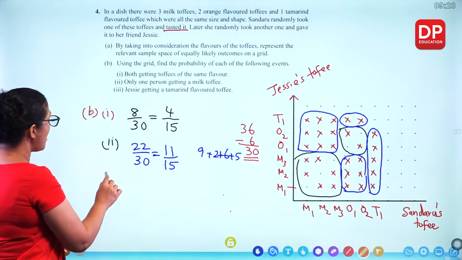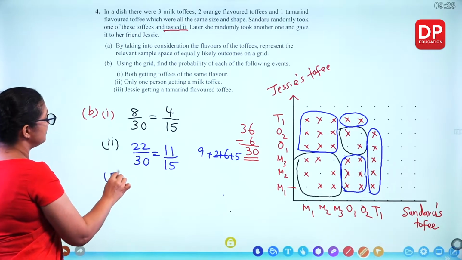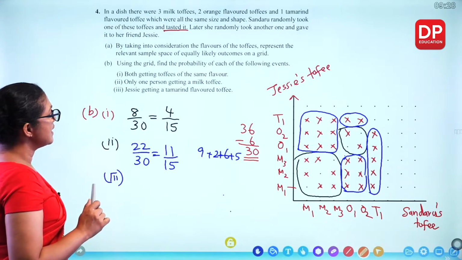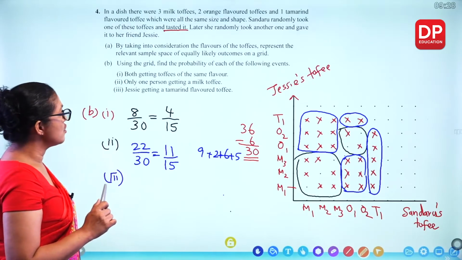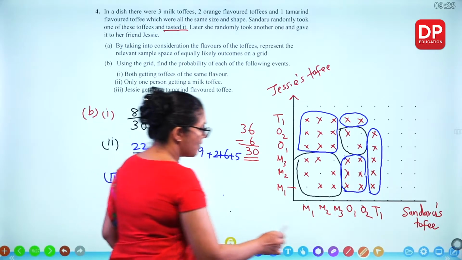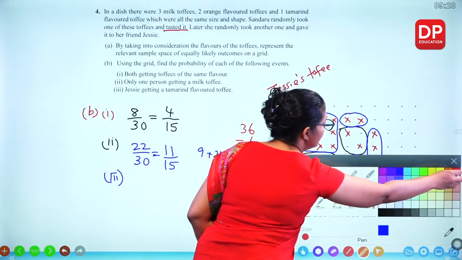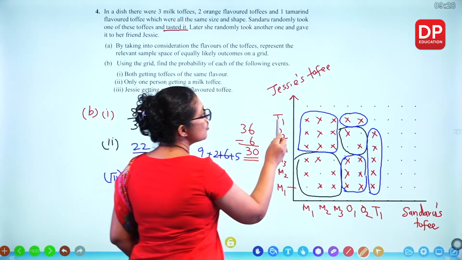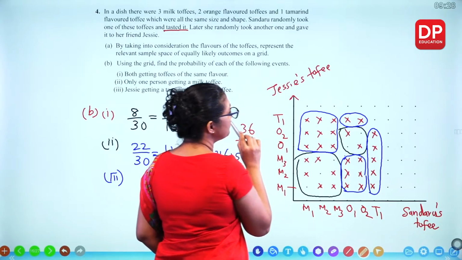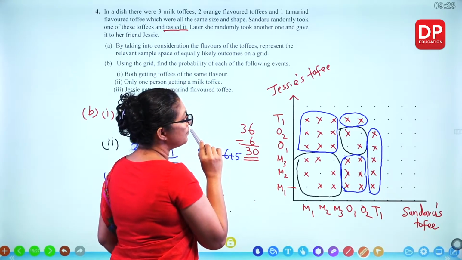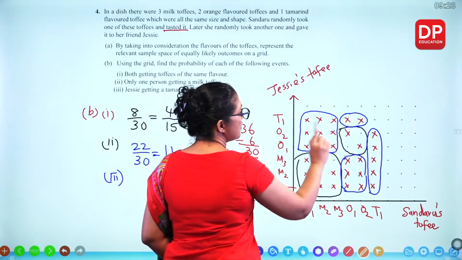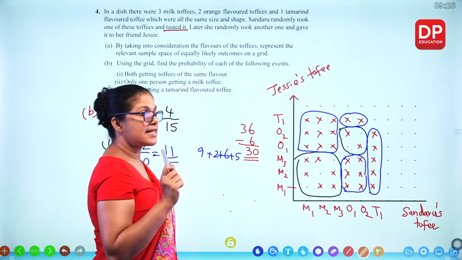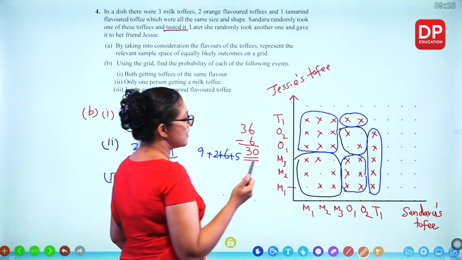Then the third part, Jessie getting a tamarind flavored toffee. Jessie is getting tamarind one. So Jessie is here. So she gets only tamarind one. So this one, and Sandaru is getting other flavored toffees.